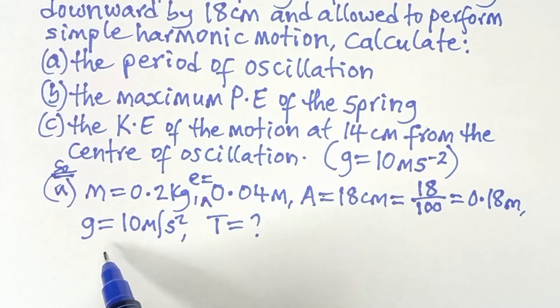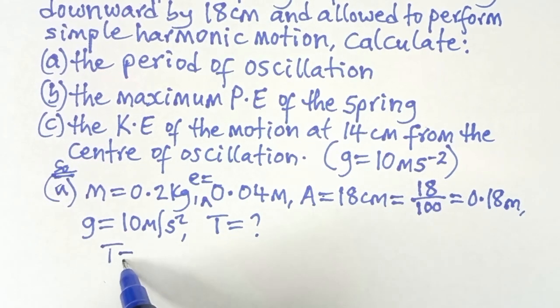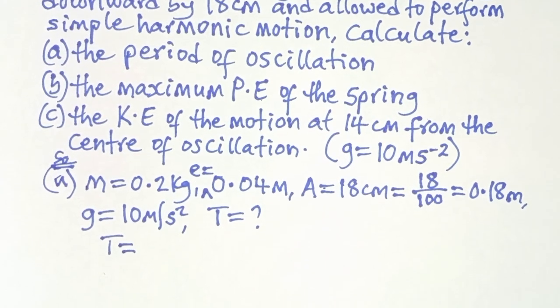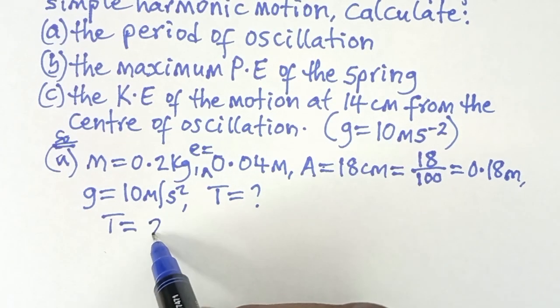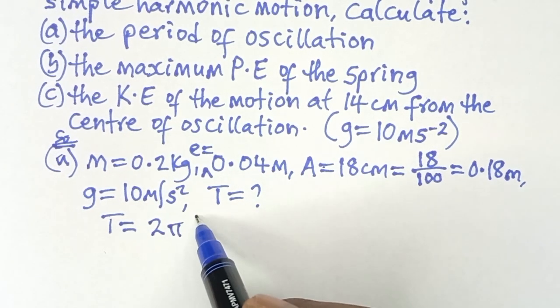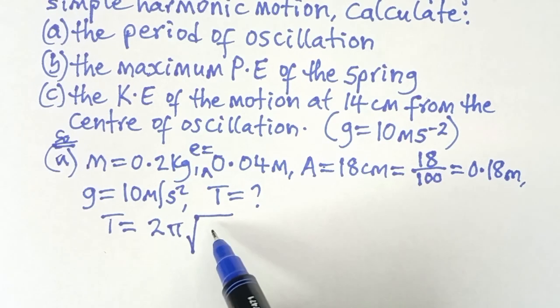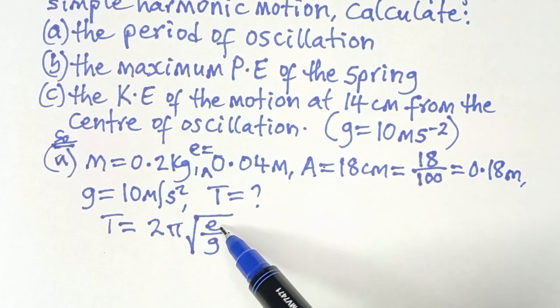Now, the formula for the period of a spiral spring that is performing simple harmonic motion is given by T is equal to 2 pi square root of e over g. You can also use m over k. But here, since we already know the extension, we can use this directly. This is easier for us to use.